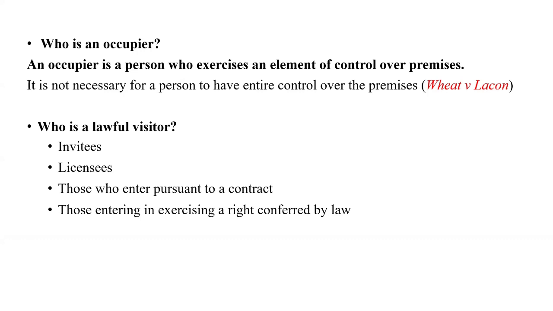So there is a contract pursuant to which the person enters the premises, and that makes him a lawful visitor. And also there are people who enter by exercising legal rights, such as a policeman with an arrest warrant or a search warrant. So they have a legal right to enter the premises. All these four categories of people are referred to as lawful visitors.